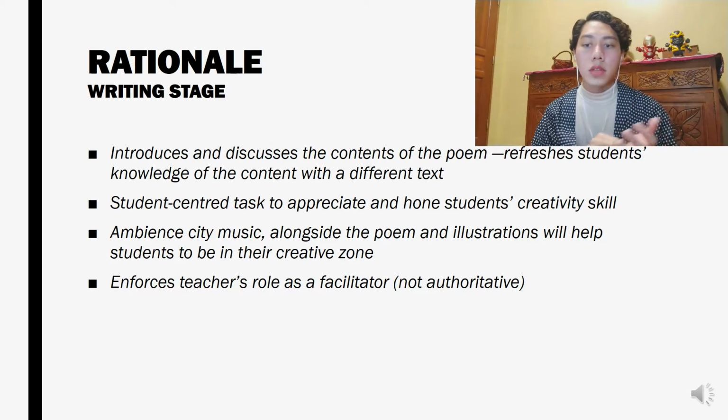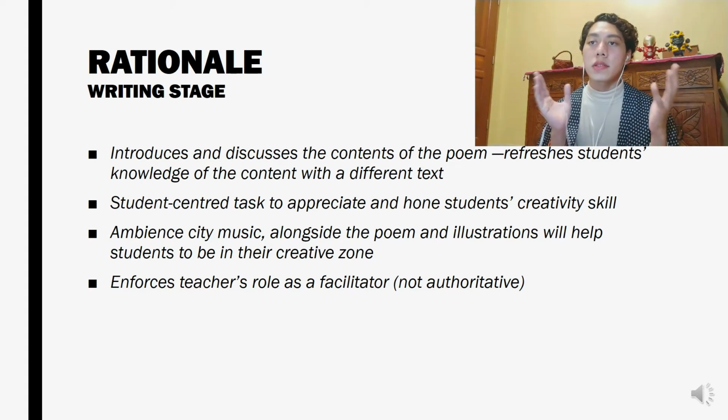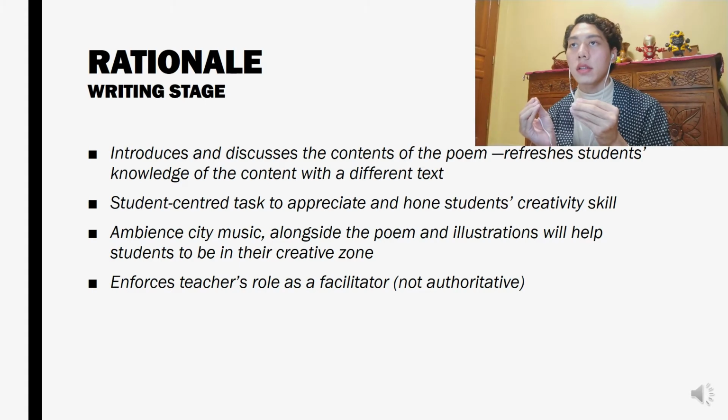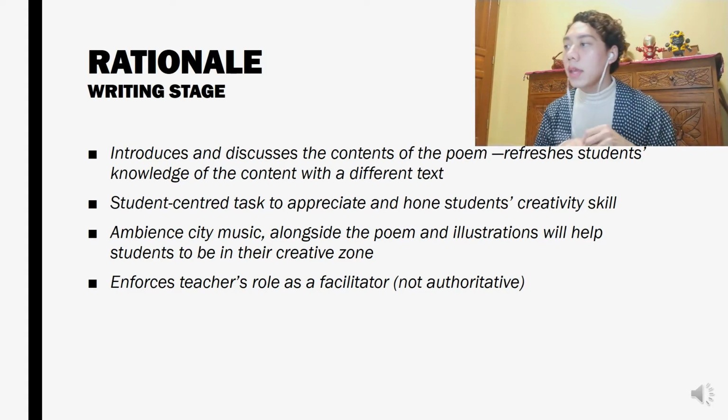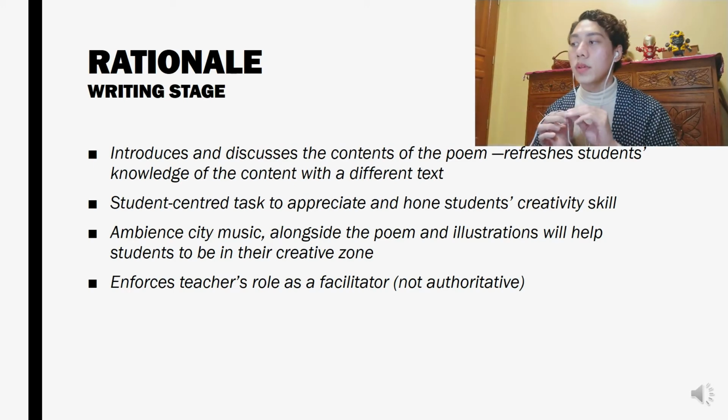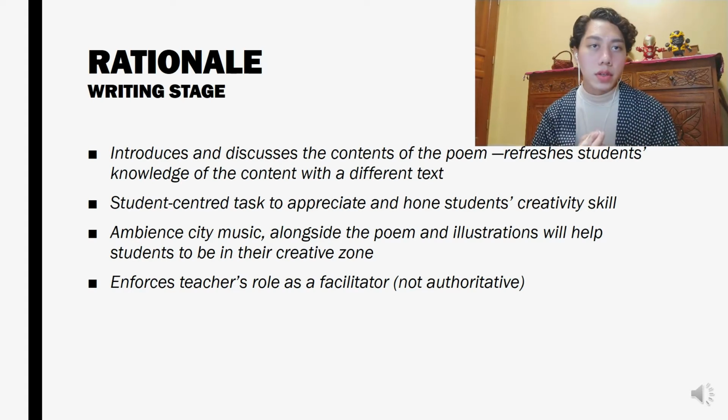You know what I mean? So we're talking about the same content, the same knowledge, but we are applying it to a different text. And then this task, asking them to draft their own poem, is pretty much a student-centered task, which is to help them appreciate and own their creativity skill.